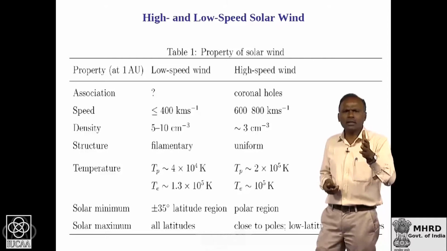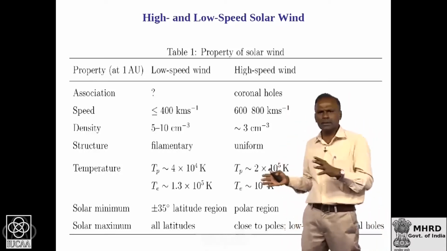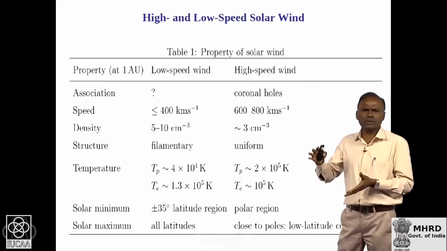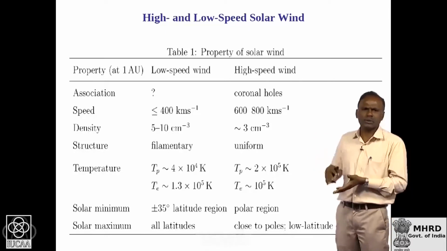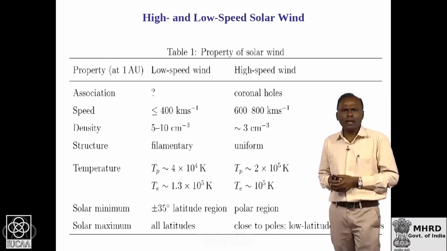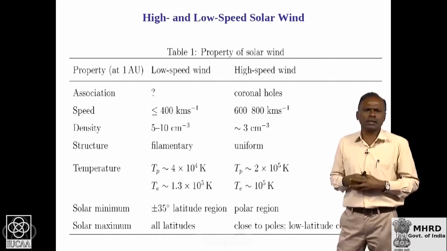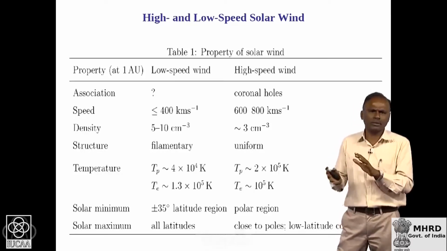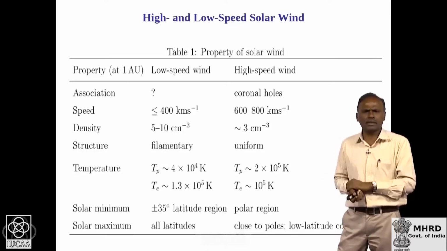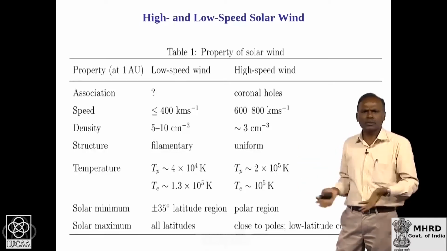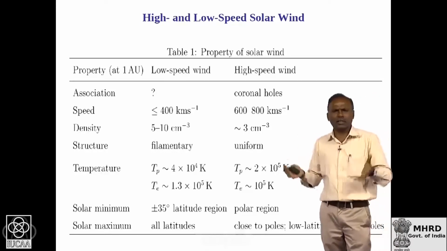They are associated with plus minus 30 degree latitude as the source region on the Sun, and they are observed in all latitudes during solar maximum. During solar minimum, they are confined to the equatorial region of the Sun, and at solar maximum we see them at all latitudes.